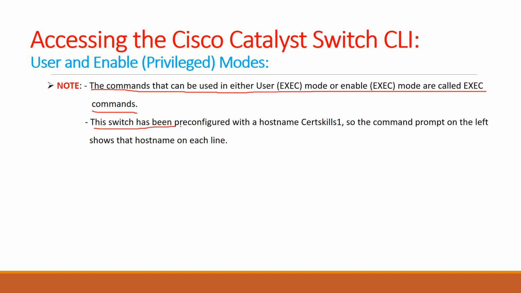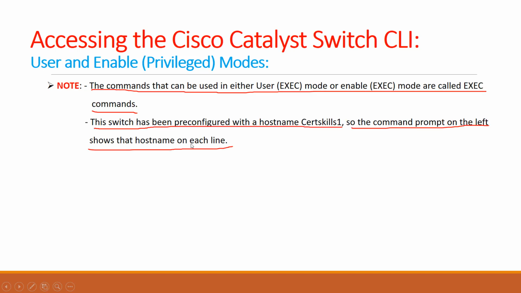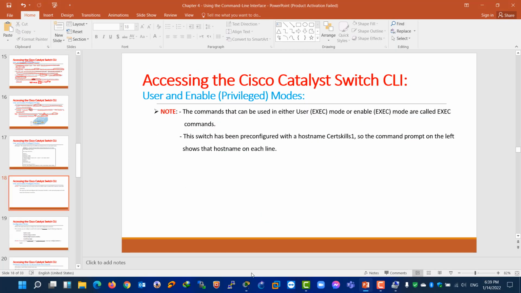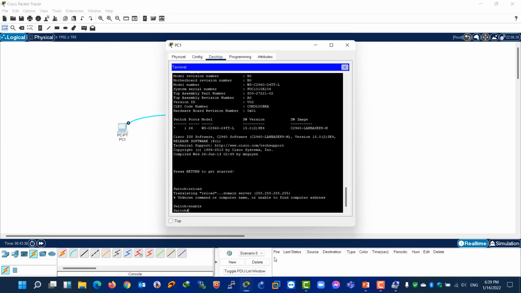This switch has been pre-configured with the hostname CertSkills. So the command prompt on the left shows that hostname on each line, as here. CertSkills is the hostname. If we want to configure the host name, we can't do it from the enable mode.